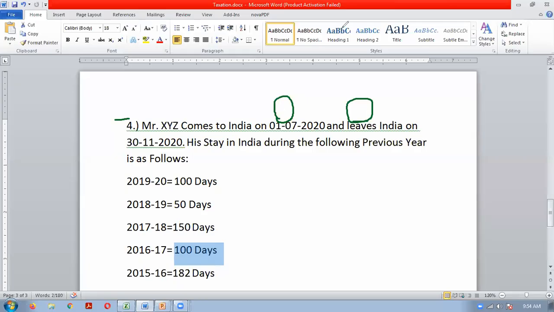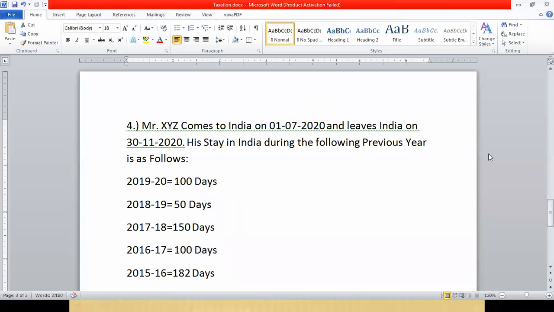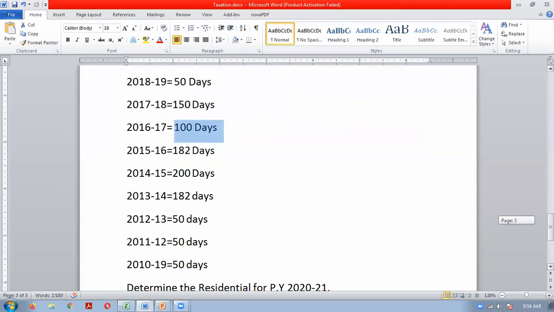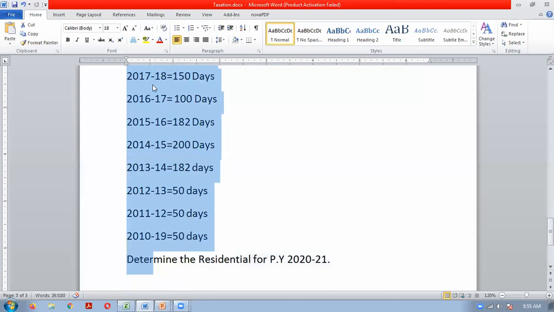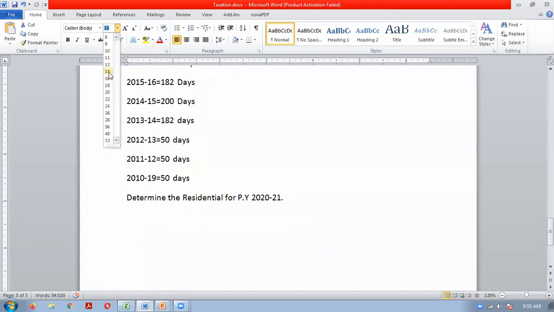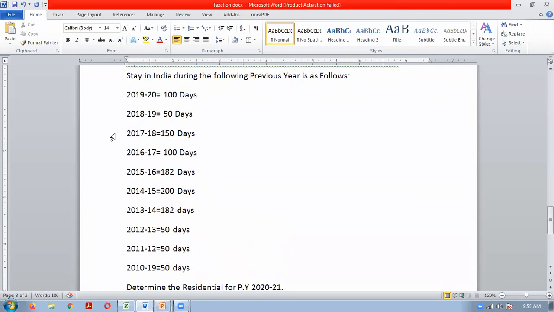Very interesting. Now we are given the 10-year data here. See, the 10-year data is given, from 2011 to 2020, the past 10 years' data in this question.